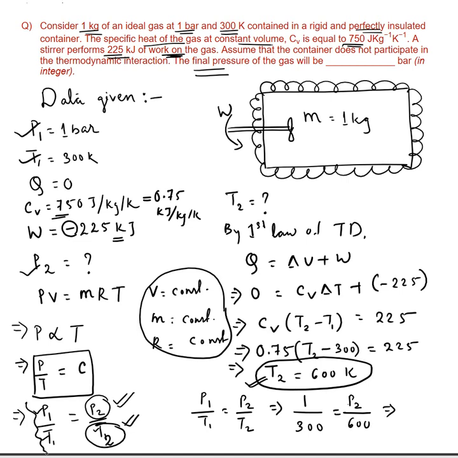Now solve this expression. We get P2 is equal to 2 bar. So this is the final answer we needed to calculate here. So this is all about this numerical. Thank you.